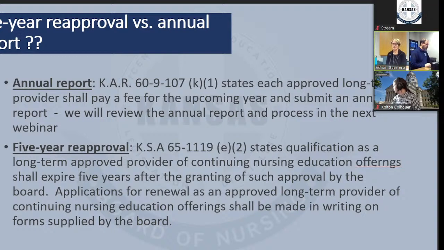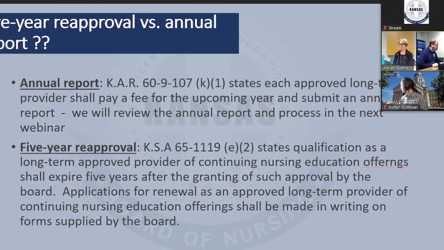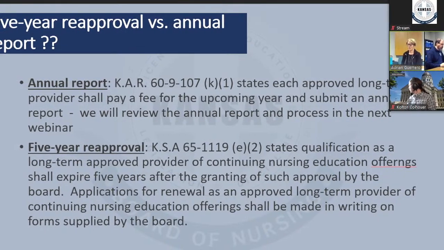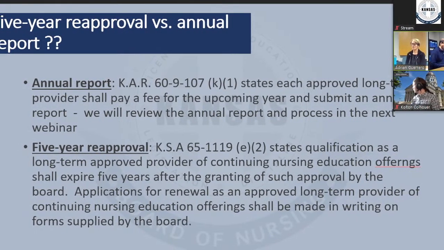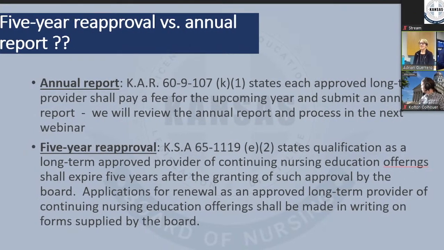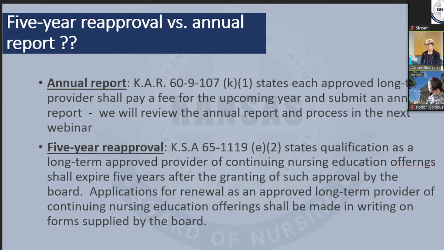And then you have to go on our website and submit what we call an annual report. It's basically a statistical report that gives us information about how many offerings you've done and stuff like that. Like I said, we'll talk about the annual report probably in the next webinar. But what I want to spend time on today is the 5-year reapproval process.